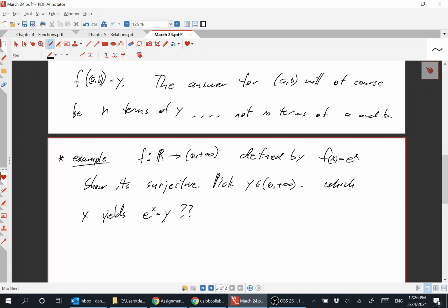Pre-calculus, guys. Come on, guys. Which value of x gives you ln(y), natural log of y?